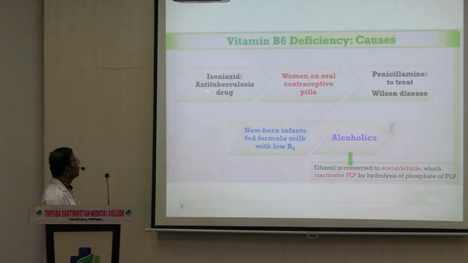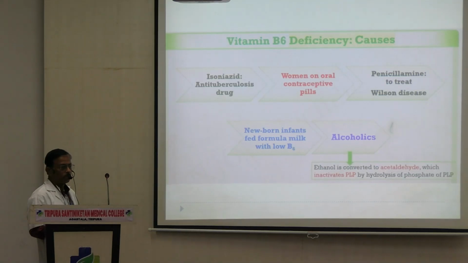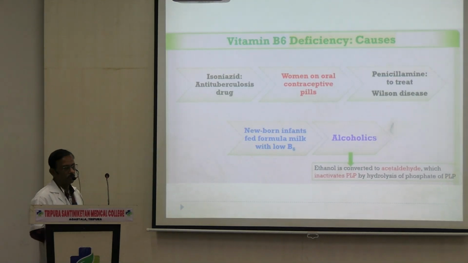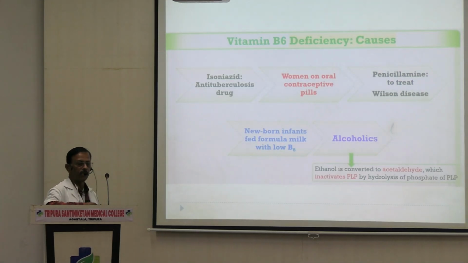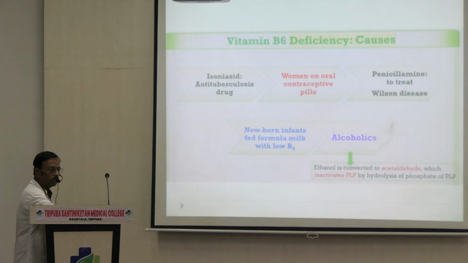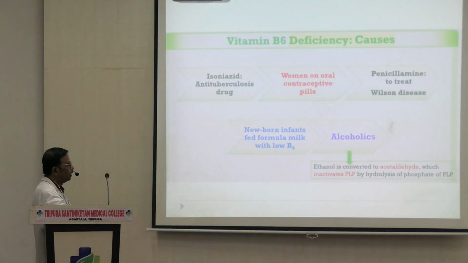Isoniazid is an anti-tuberculosis drug. So all these things will inhibit the PLP and will cause peripheral neuritis and other problems of deficiency of PLP.